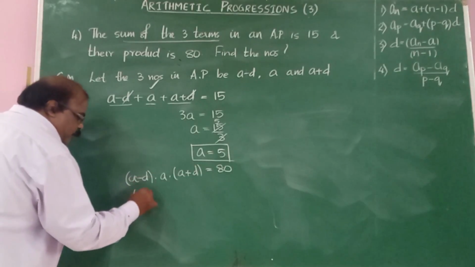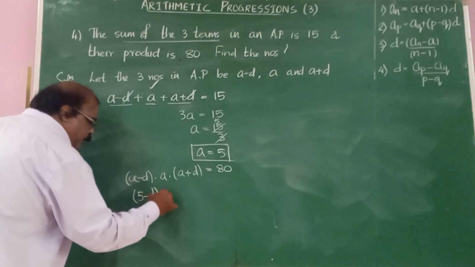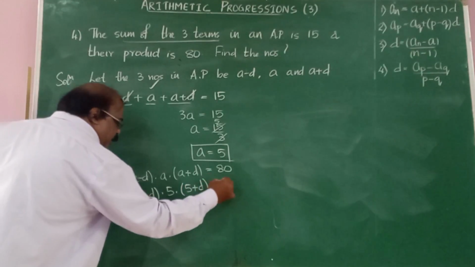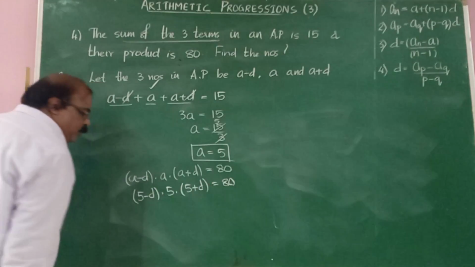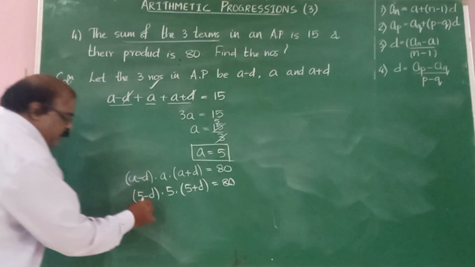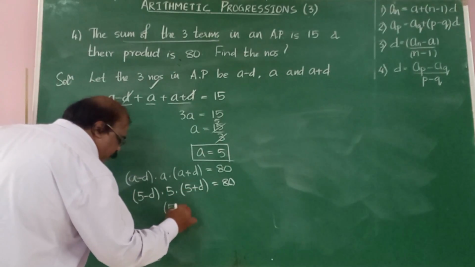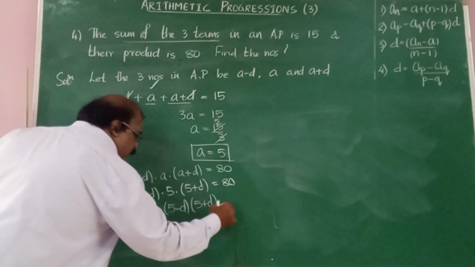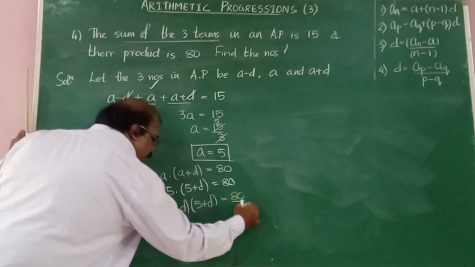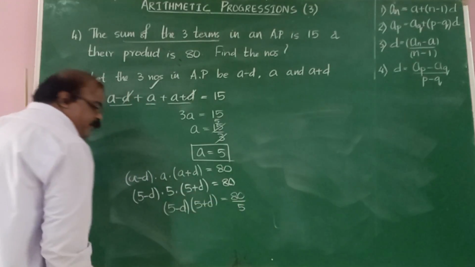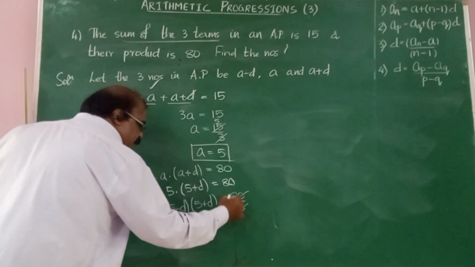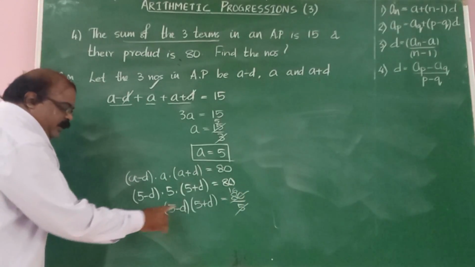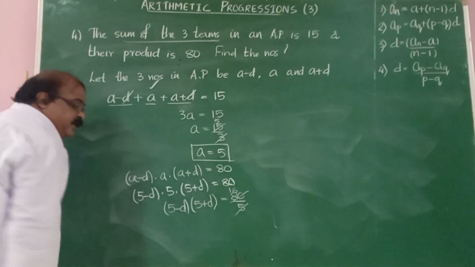Now you know what a is. 5 minus d into 5 plus d is equal to 80 upon 5. So you cancel: 5 sixes are 30, wait, 5 times 16 is 80. So you get 5 minus d into 5 plus d is 16.